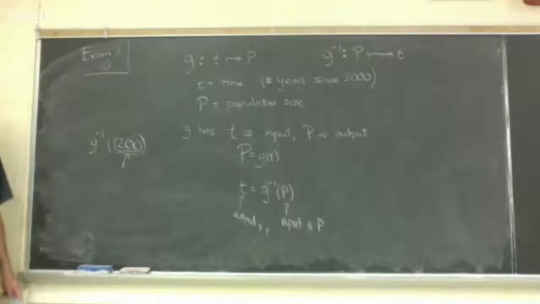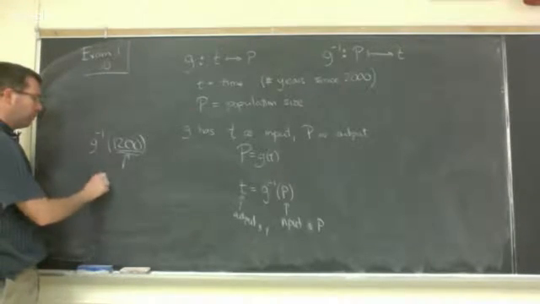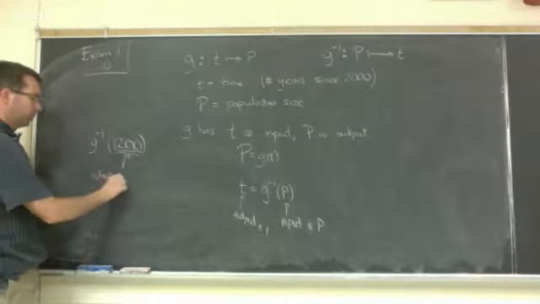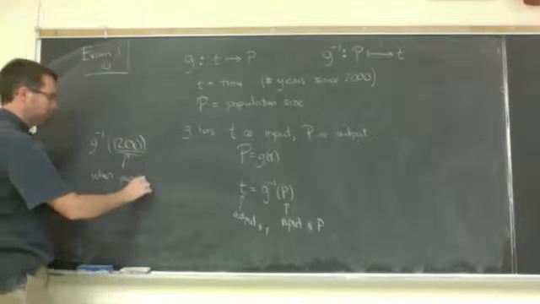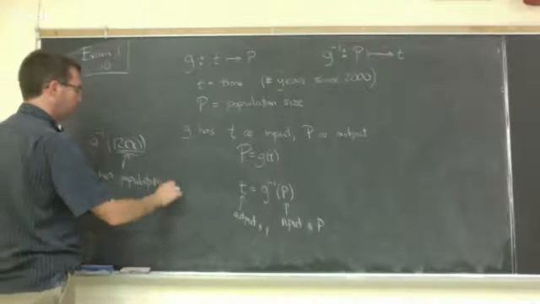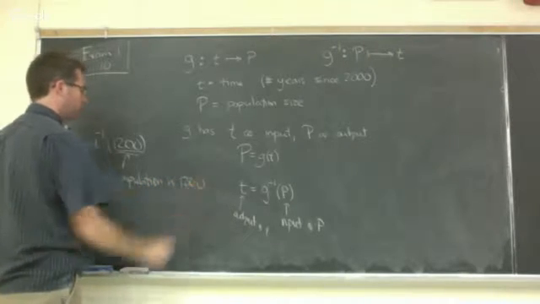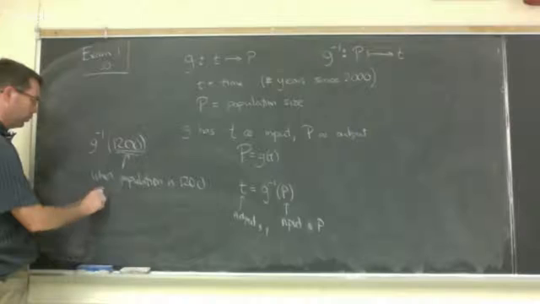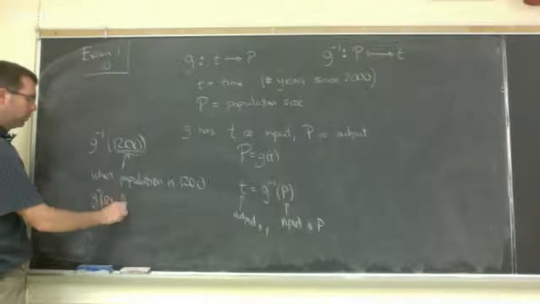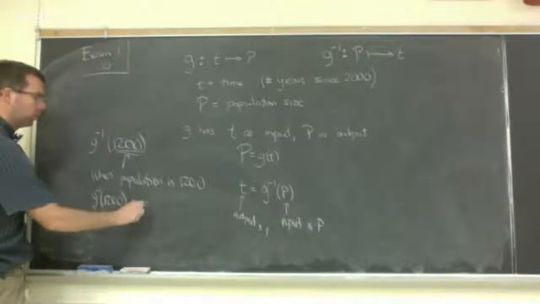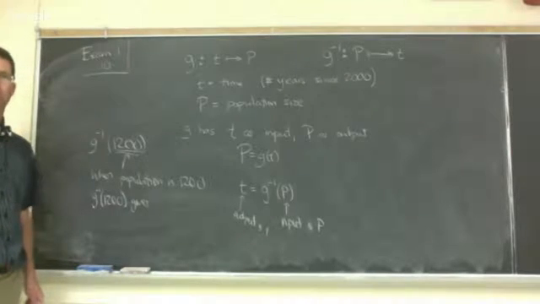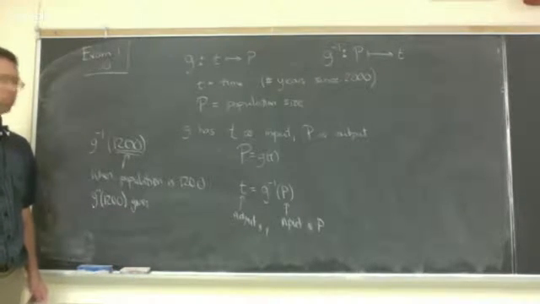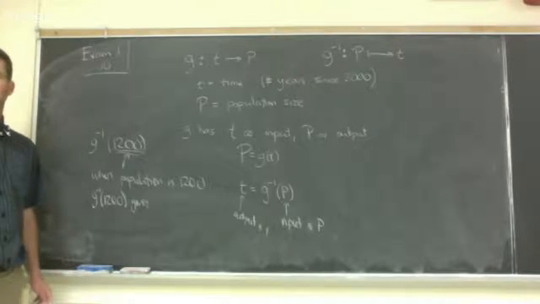It's the population. So it says, when the population is 1200, that's the input. What does the function give me back? So what's the output? I'm not asking for a number, just interpretation.